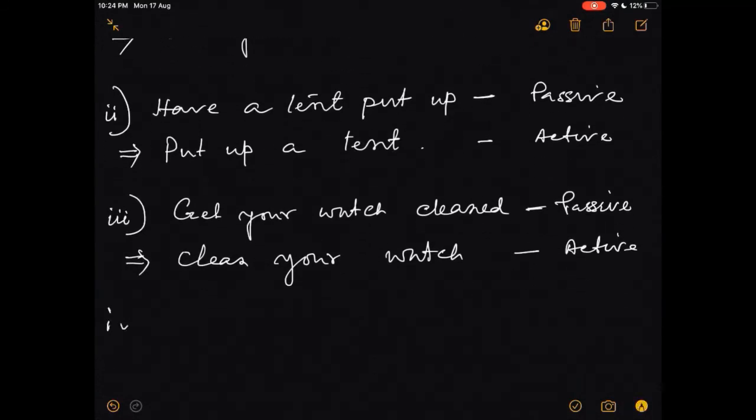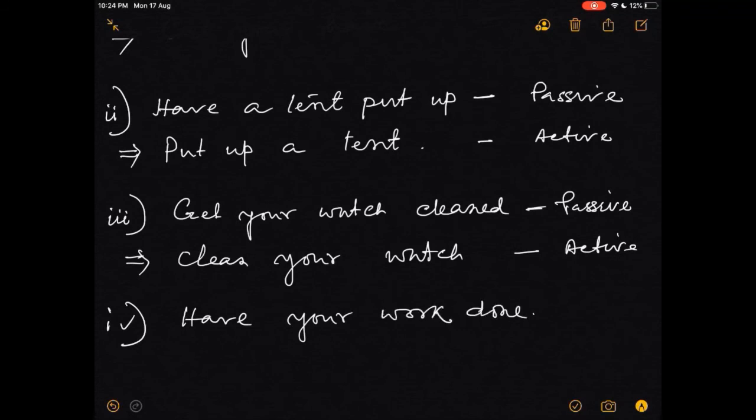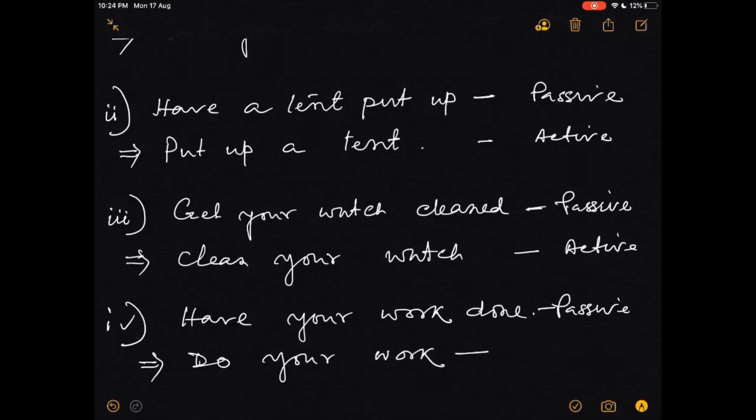Number 4, have your work done. Passive. Its active is do your work.